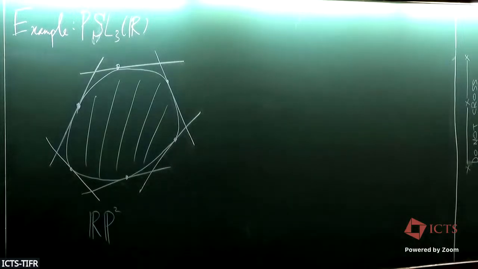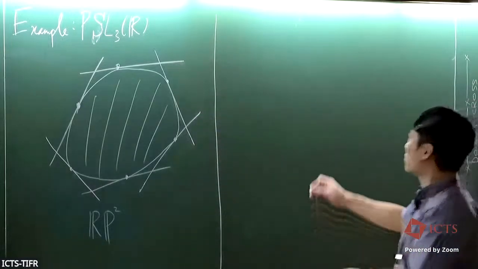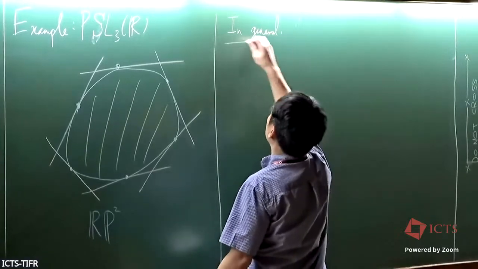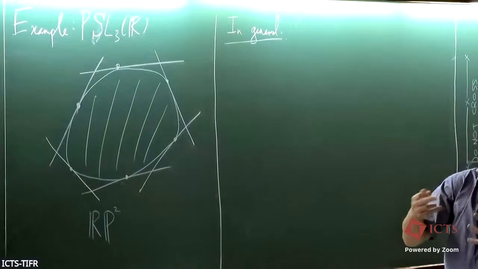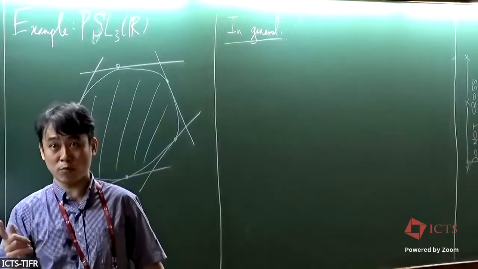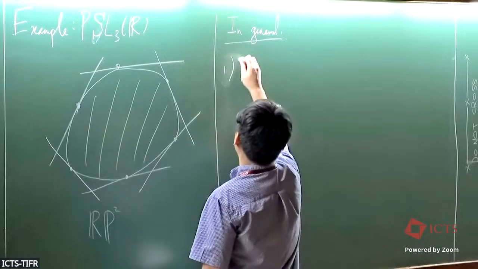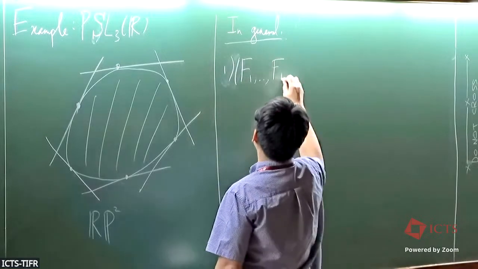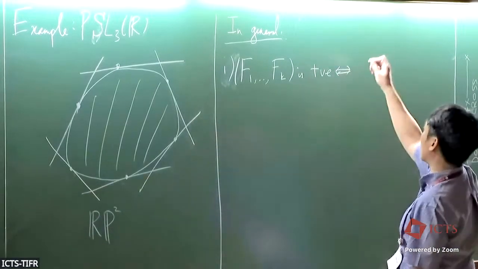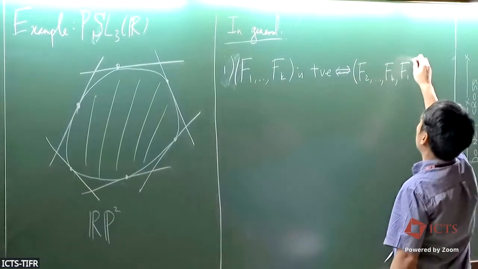Okay, so in general, there are some properties that positive tuples of flags have. Positivity, it's not clear from the definition, but this is really a property of the cyclically ordered tuple of flags. So first property: F1 to Fk is positive if and only if when I cyclically permute it, F2 to Fk, F1 is positive.